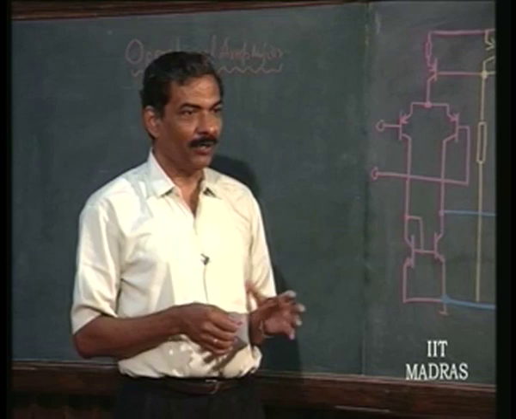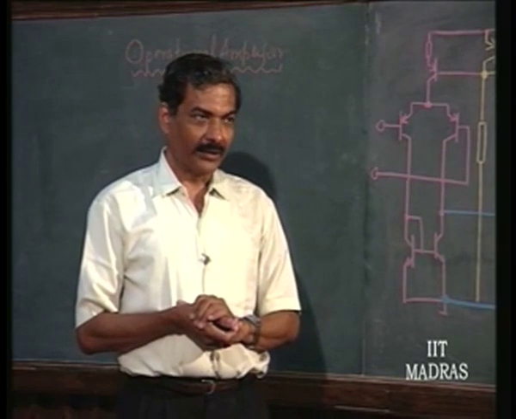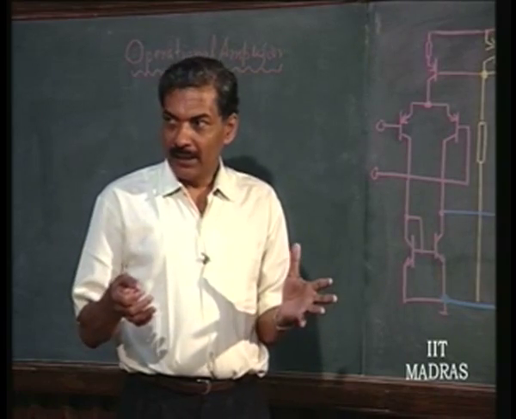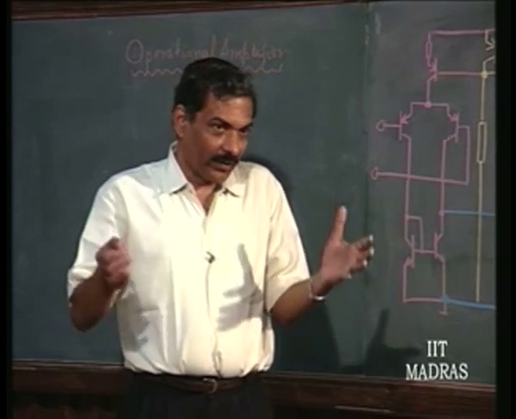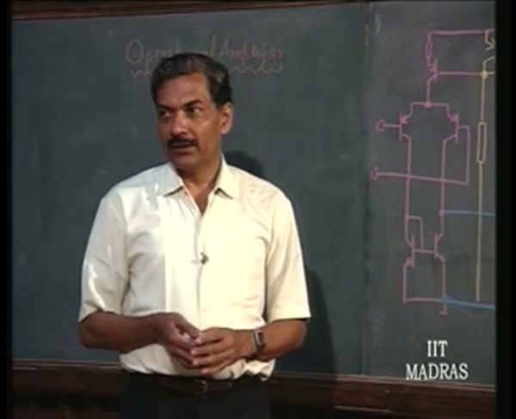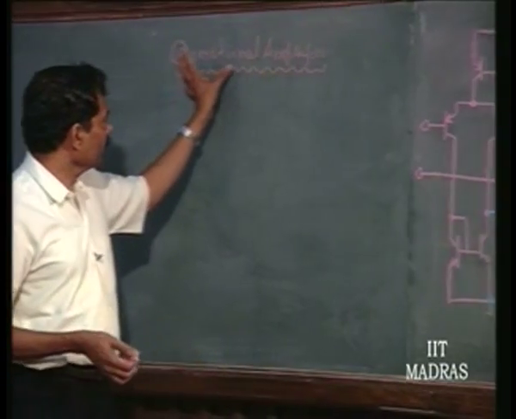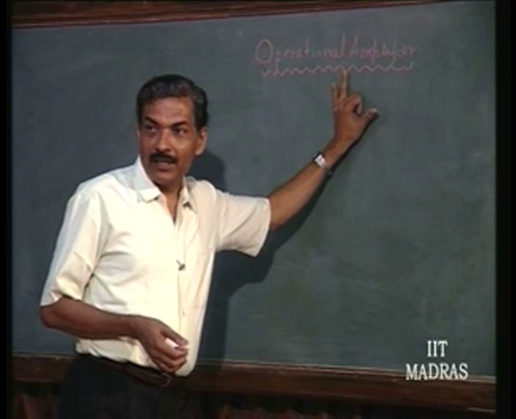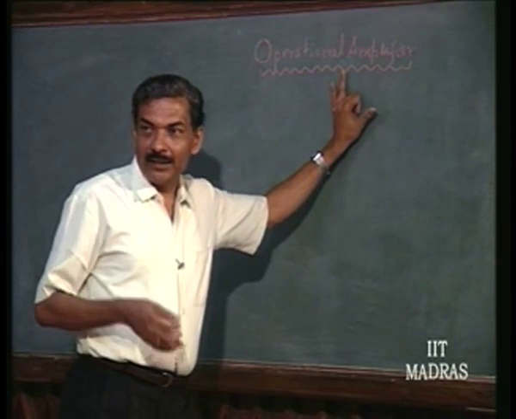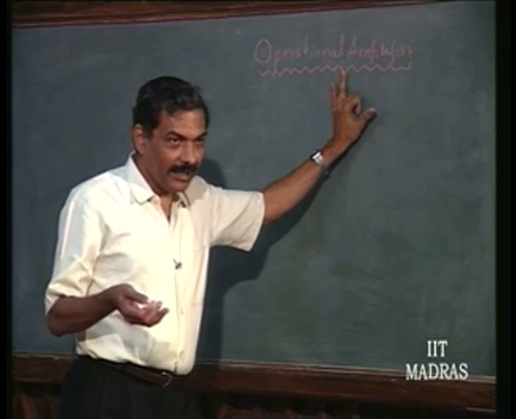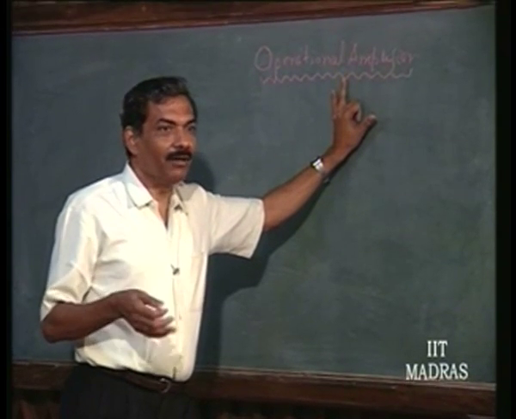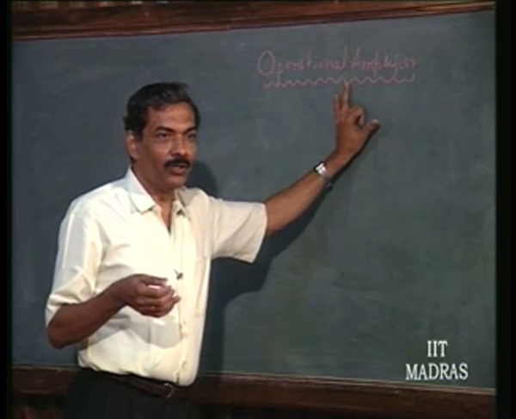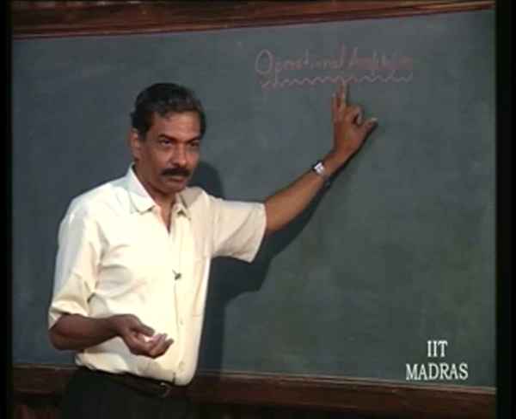It required the help of a large number of active components to be put together so as to get high open loop gain. The nature of this business, operational, comes about because of high open loop gain, or we will now call it, because this is an old concept, high open loop transfer parameter.